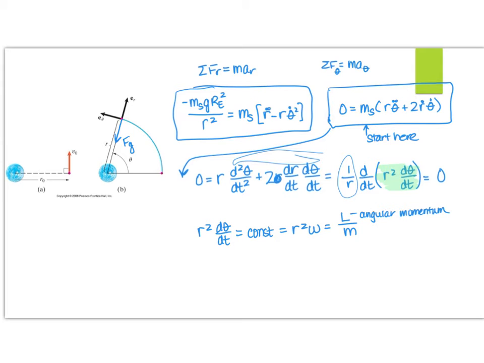It's the basis of the conservation of angular momentum. Here we got at it mathematically, and we found that r squared omega was a constant. We call it a constant of the motion because it's basically angular momentum. But in any case, we're going to use this.